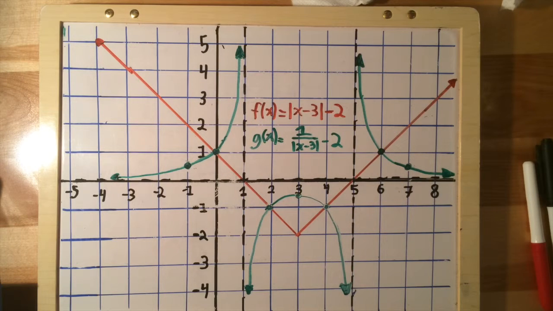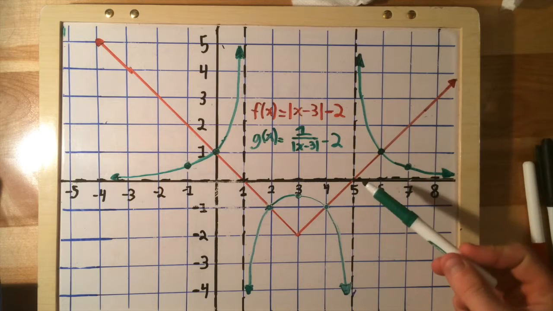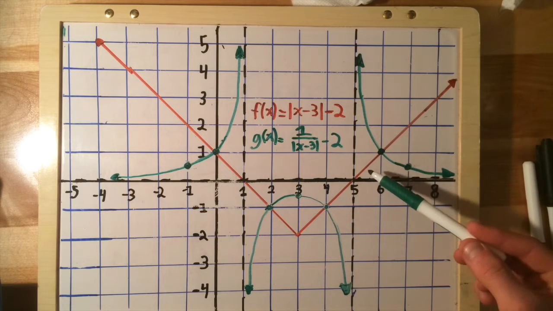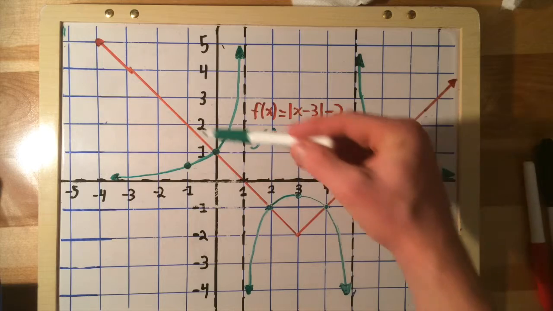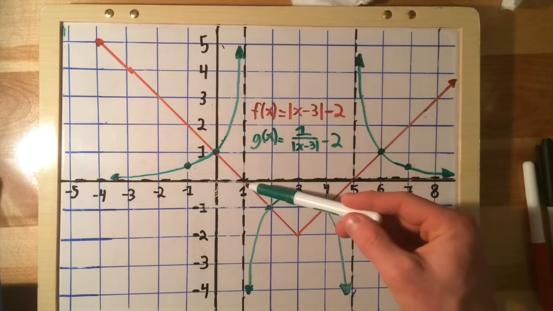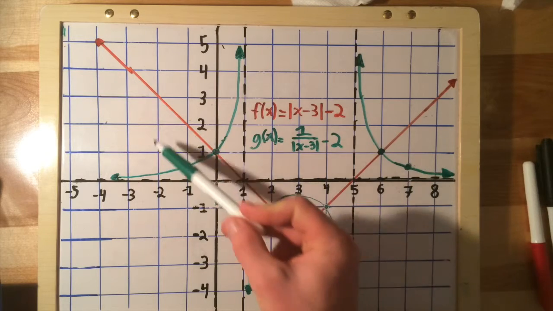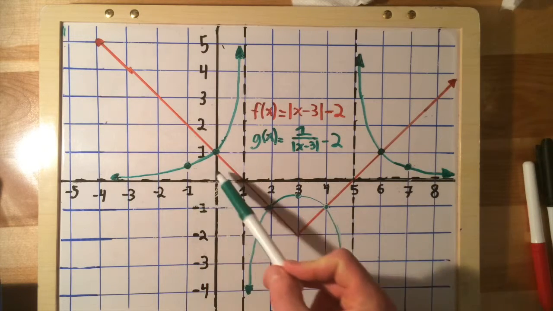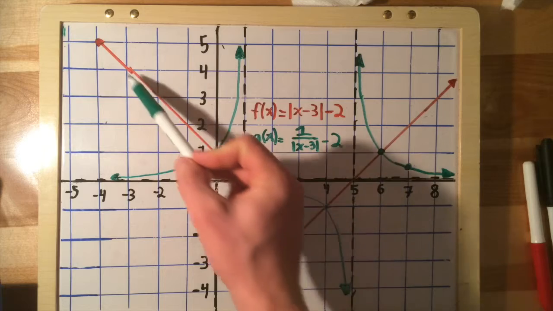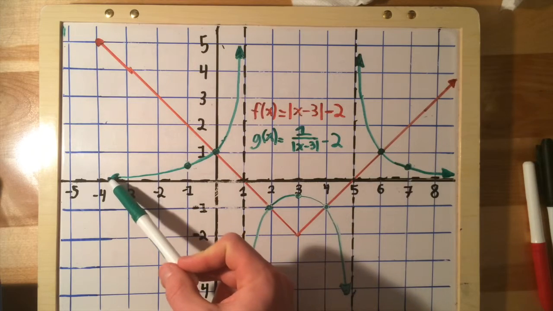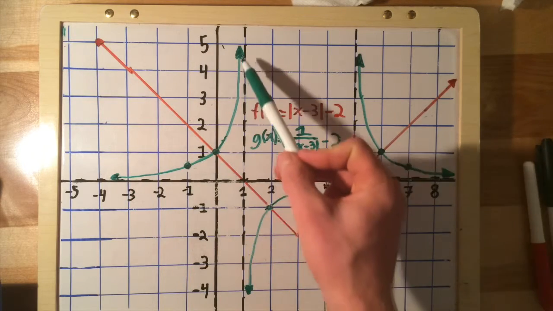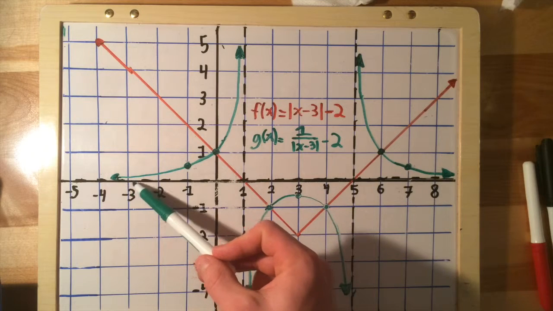Now we must make sure that our reciprocal function is accurate. The first check we have is to make sure that where the original function was positive and where the original function was negative, the reciprocal function is the same. So in the left quadrant here, the original function is positive, and we can tell that our reciprocal function is also positive, or they both stay above y equals 0.